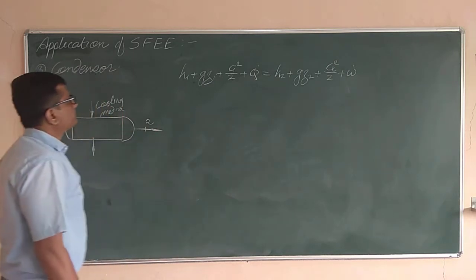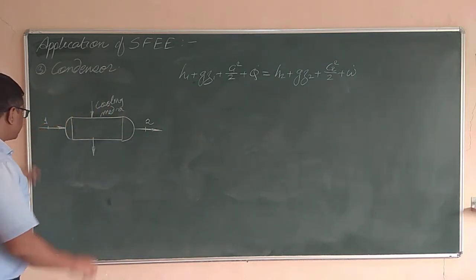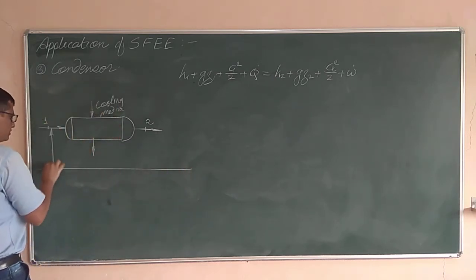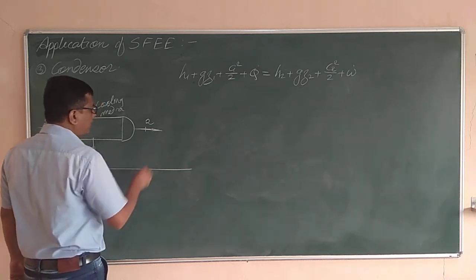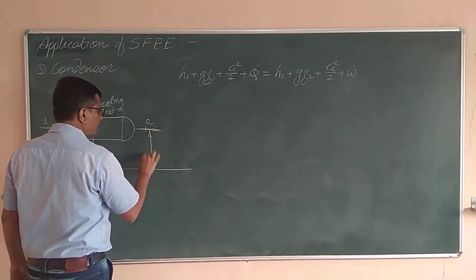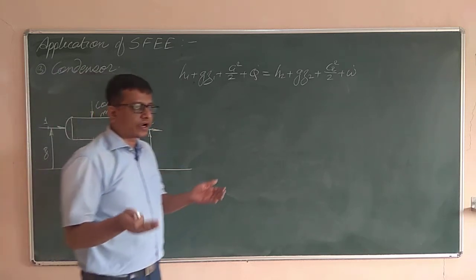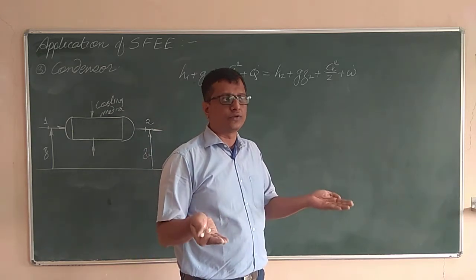If you look at the condenser, the potential head Z1 and Z2 across section 2 are almost the same, since there is no difference in height between inlet and outlet from the datum level.